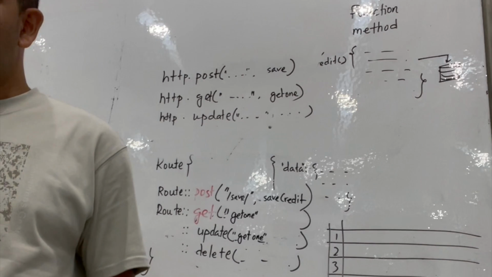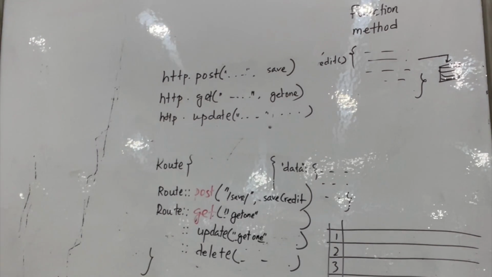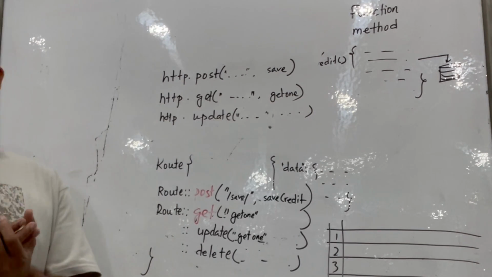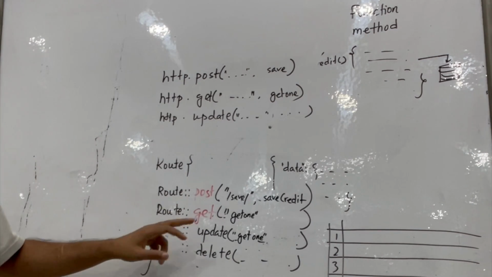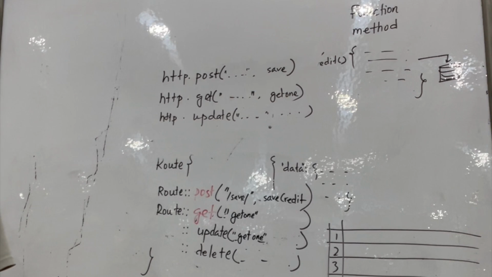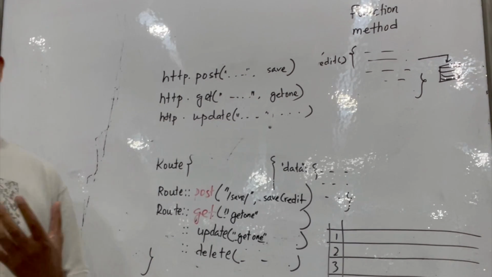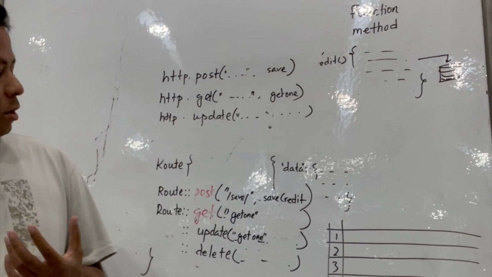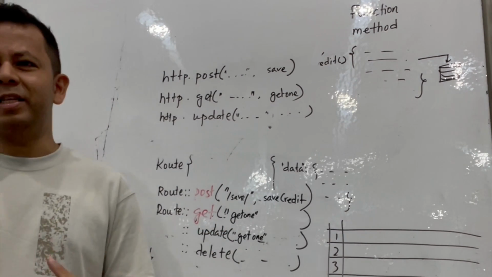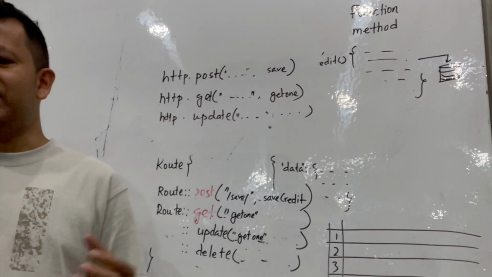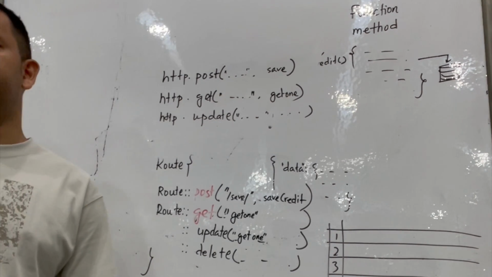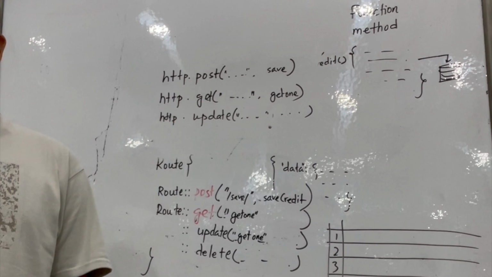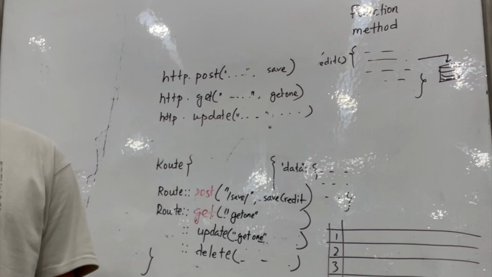So endpoints, in general, have 4 methods, or could be 5. Endpoint method types: post method, get method, update method, delete method. I think there's another one called put. Put and update are similar actually. There might be a little difference, but we don't care about them for now.